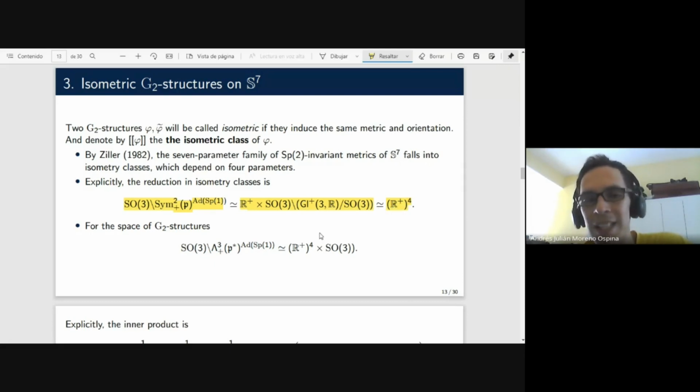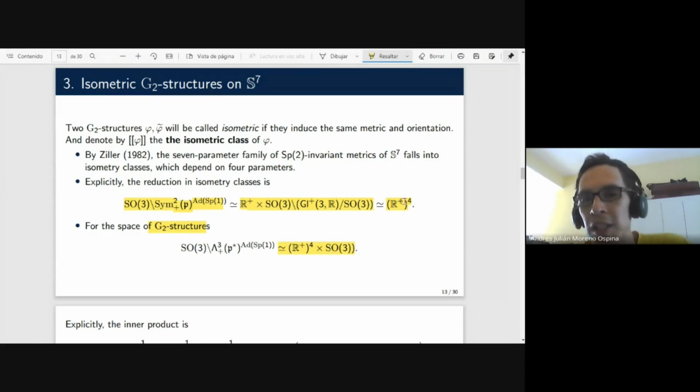And you can obtain the same thing with the space of invariant G2 structures, which is basically the product of these two manifolds.